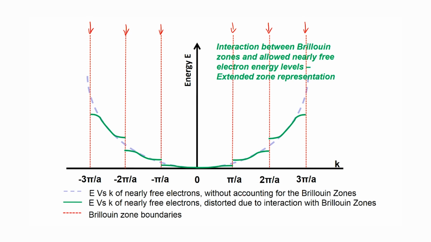When the same electron is put inside a structure that has a periodic lattice, then it tries to assume all energy values that are consistent with that free electron parabola. So, E equals h bar square k square by 2m.